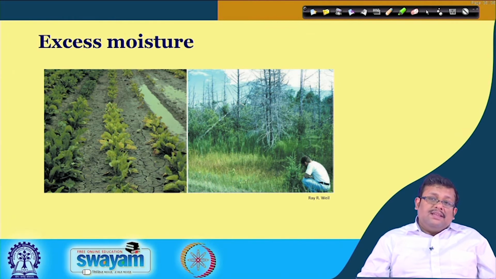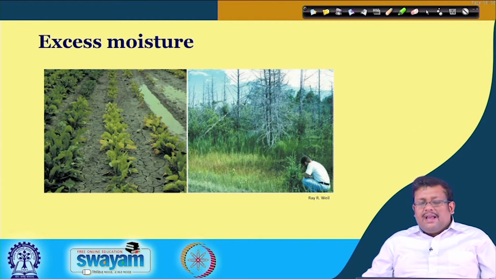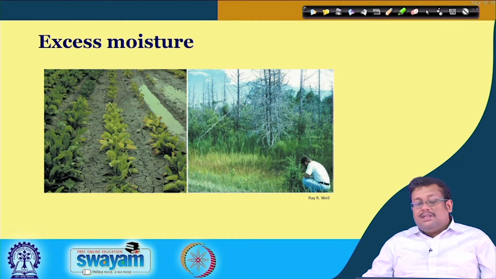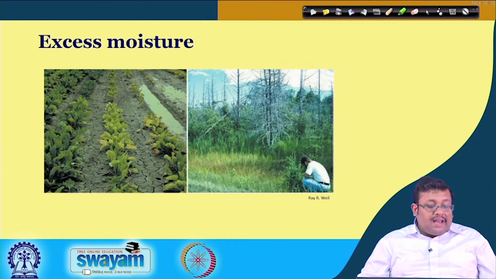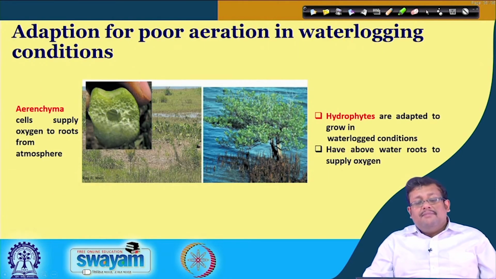When there is excess moisture, all the pore space will be filled by water, leaving no air-filled pores, and as a result some plants are very sensitive to this condition. Some plants dry out permanently and some are damaged permanently. However, there are some plants which have made their own physiological adaptation for this waterlogging condition.